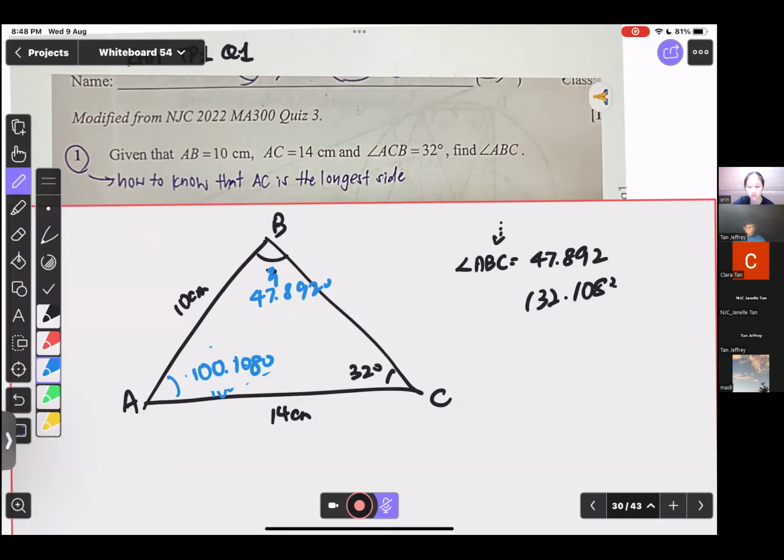Doesn't sound right. If ABC is 47.892, then BAC will be 100 point something. Why is this wrong?